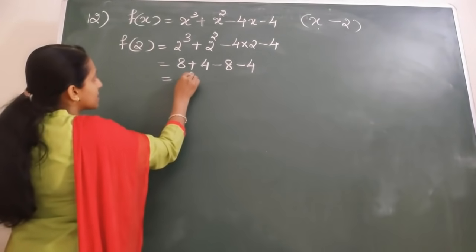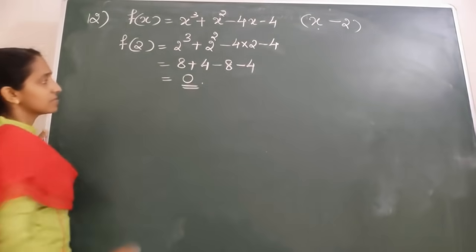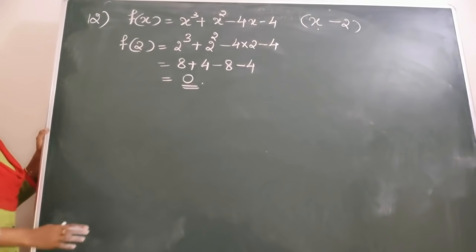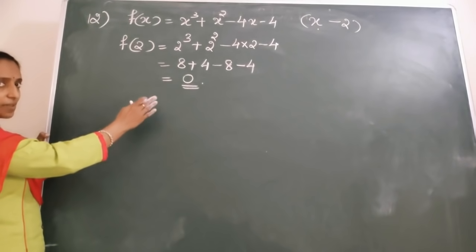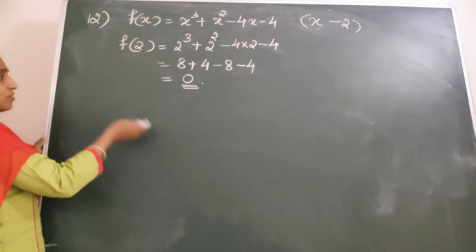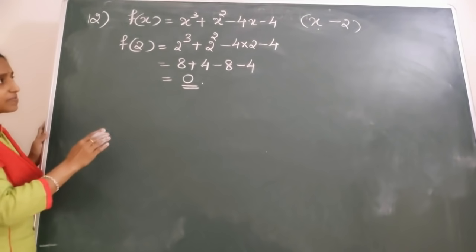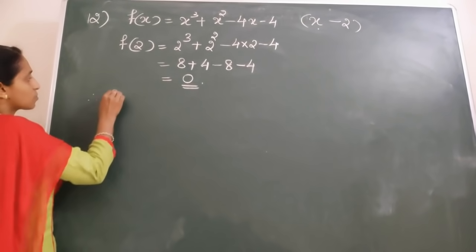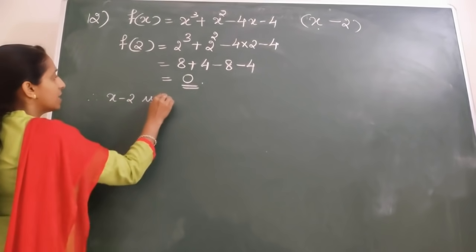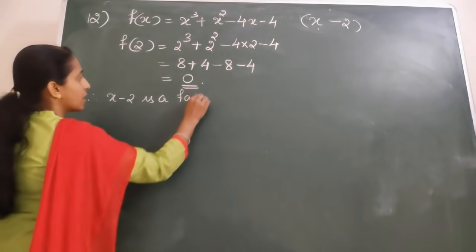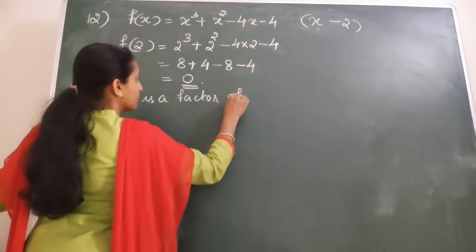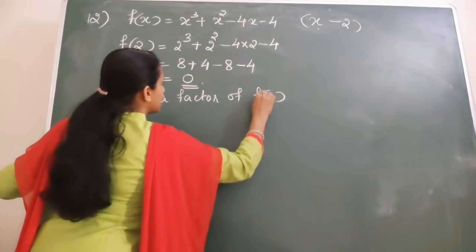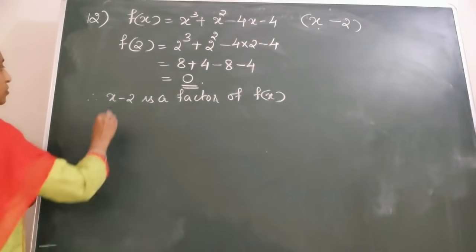So you are getting this equal to 0. Right? We got the remainder 0. The remainder 0 comes, therefore x minus 2 is a factor of f of x.